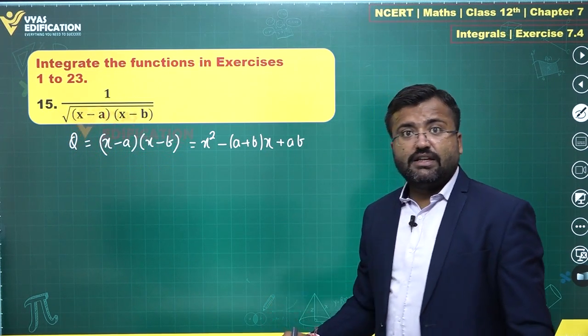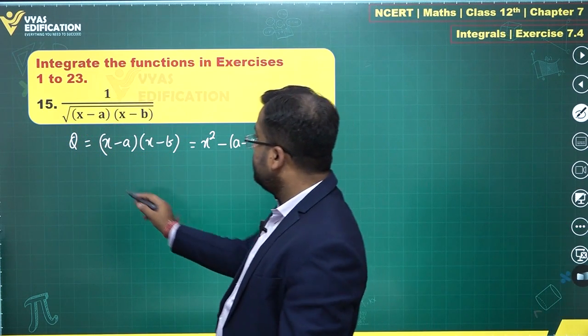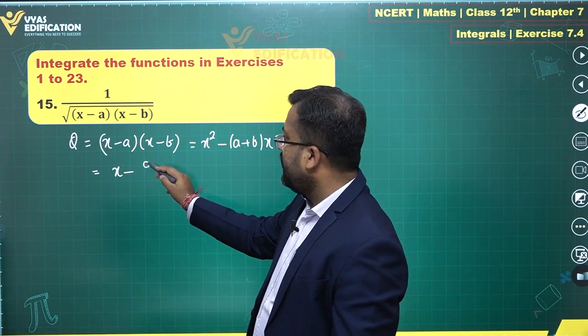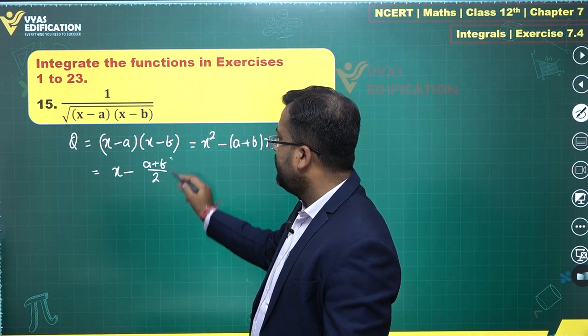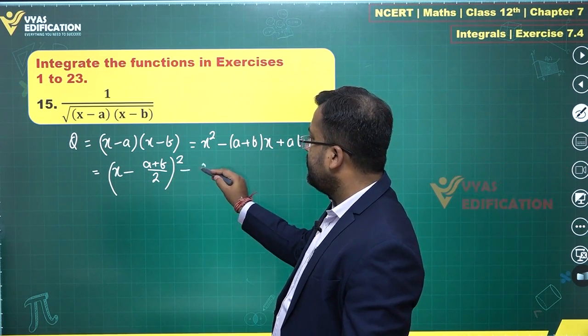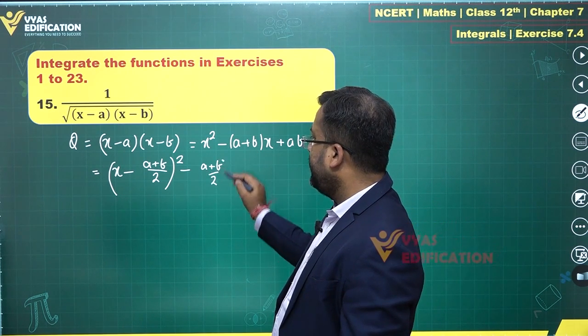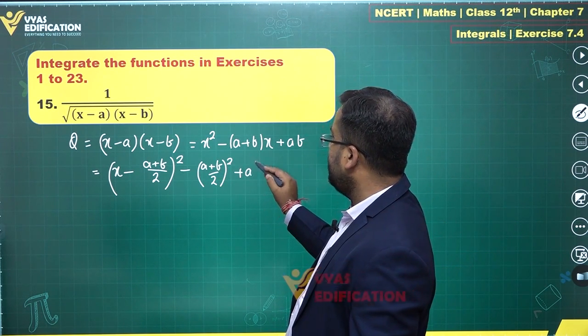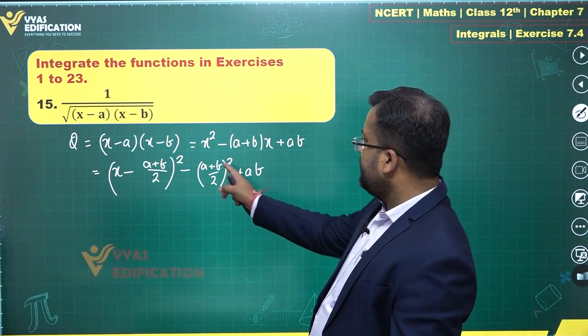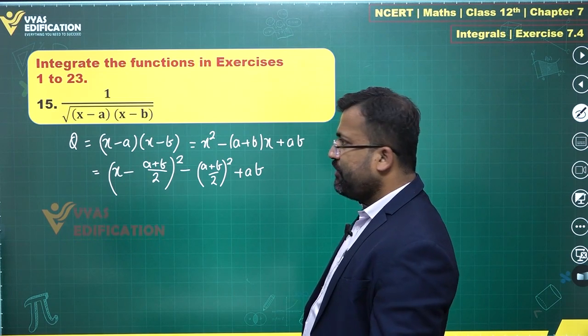Can you observe that? Yes. And what does this simplify into further? This is x minus (a plus b) by 2, half of this is what we'll require, square of this, and subtract the square of this, (a plus b) by 2 square, plus ab is already there. Can we simplify this whole expression? Yes. This is (a plus b) whole square minus 4ab.